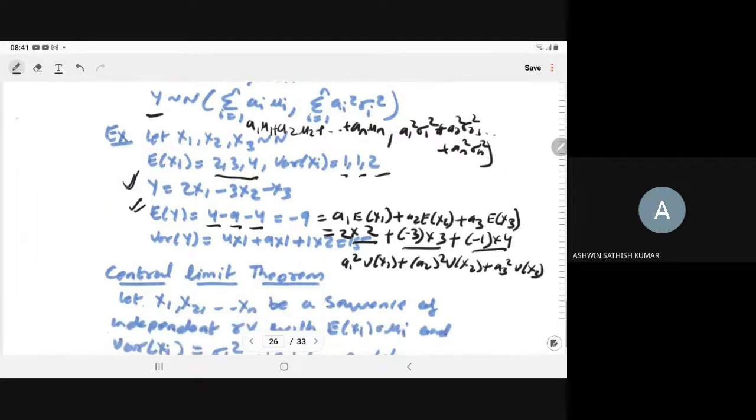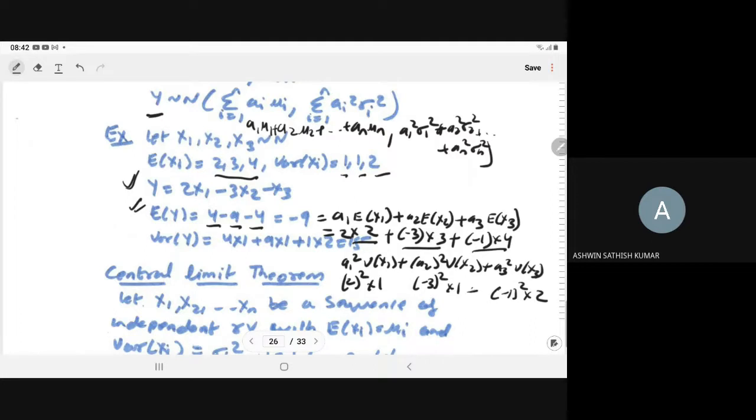In general, we have seen in the exam, you make the mistake here. Here a1, a2, a3 are 2, minus 3, minus 1. So 2 square, minus 3 square, minus 1 square, and the variances are 1, 1 and 2.